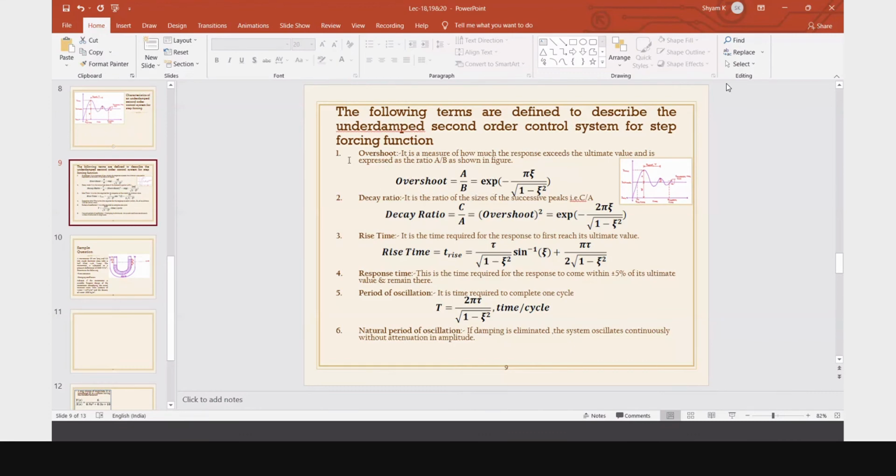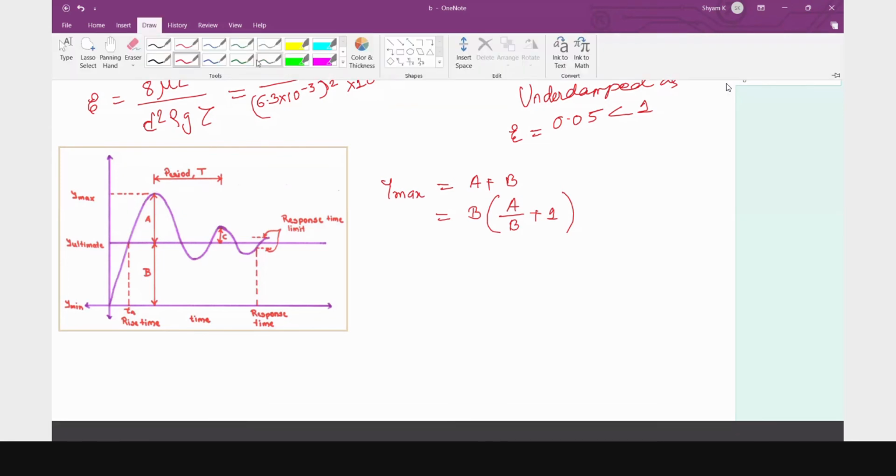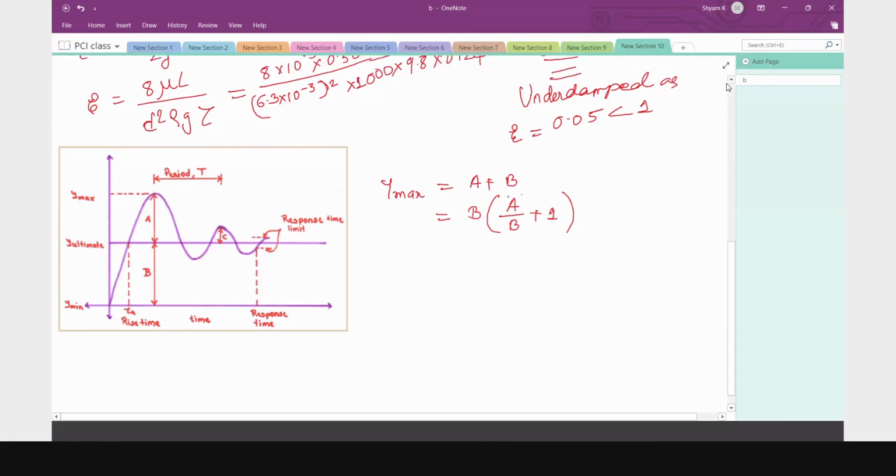The very first property is overshoot of the underdamped system. It is overshoot, and its formula is e raised to the power minus pi xi by under root 1 minus xi square. So this terminology is overshoot.